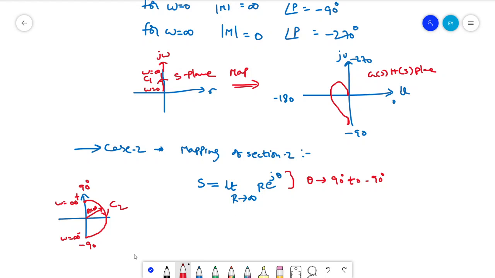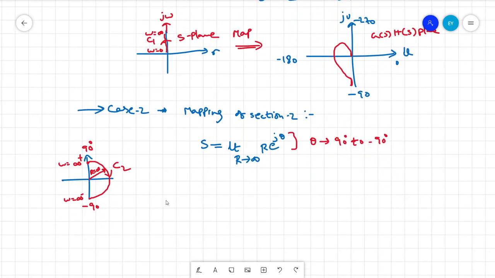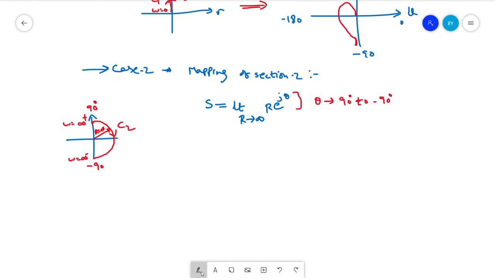If a general expression is given in time constant form, we have 1 by s tau plus 1. If you select any value of s here, s tends to infinity, radius tends to infinity. This whole s term will be tending towards infinity in terms of magnitude.